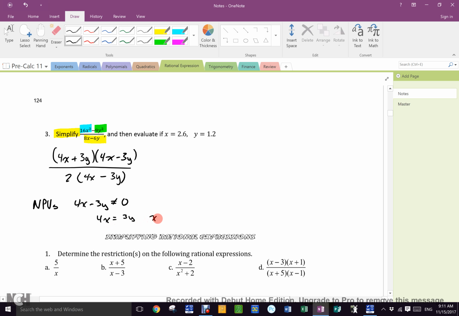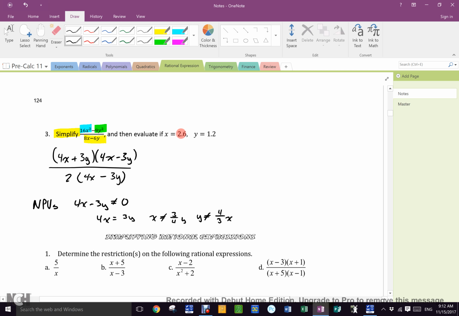Which means x cannot equal 3/4 of y. Does everybody understand? And what else? Y cannot equal what? 4/3 of x.